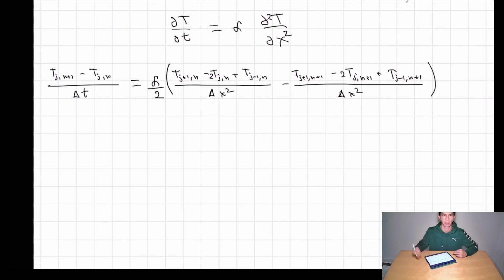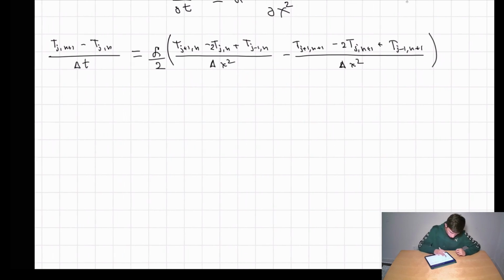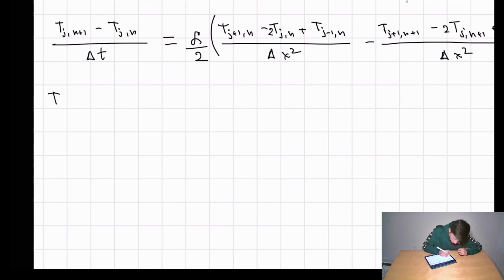If we want to manipulate our equation, we can multiply delta t to this side and take delta x squared out of the parentheses.